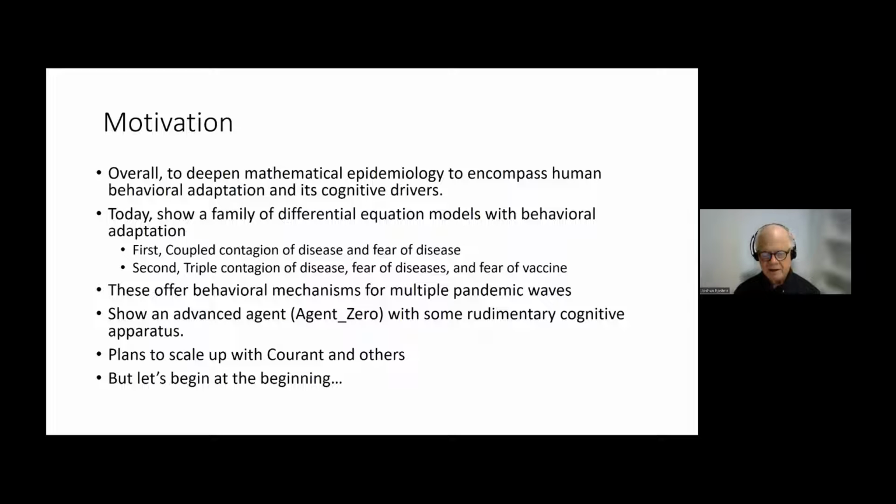All right, and then conclude by telling you about some plans to scale this up with Courant on a large NSF multi-year project. I'm assuming we get that. But let's begin at the very beginning.